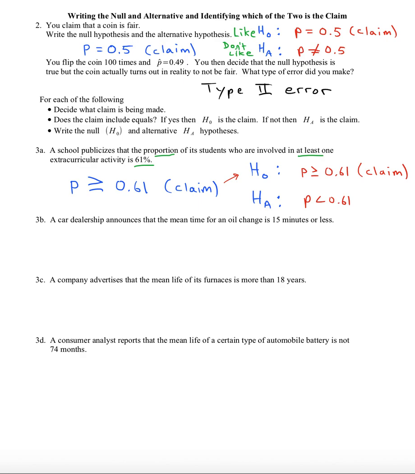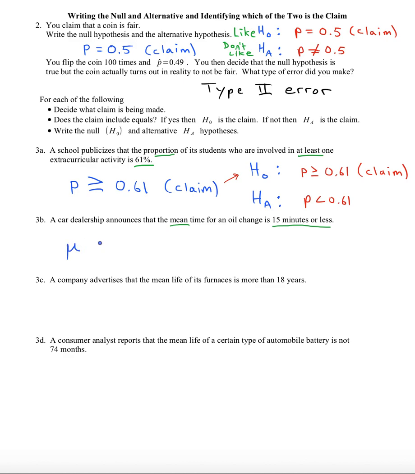Okay, here a car dealership announces that the mean time for an oil change is 15 minutes or less. Keywords being used: mean, 15 minutes or less. How do we say this in mathematical language?